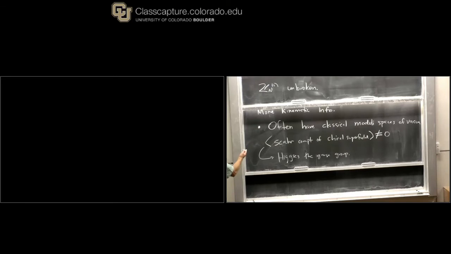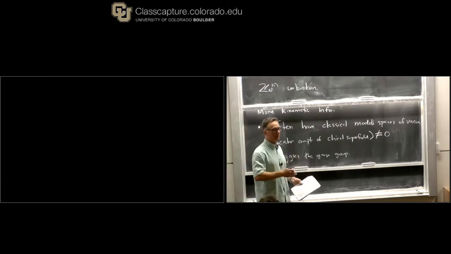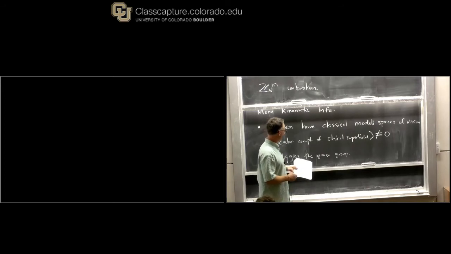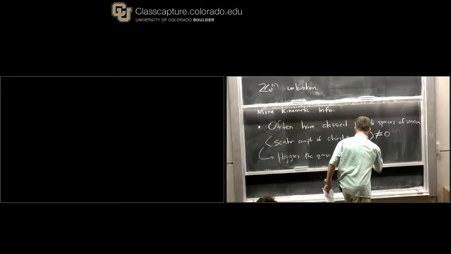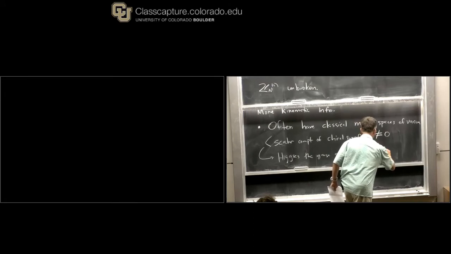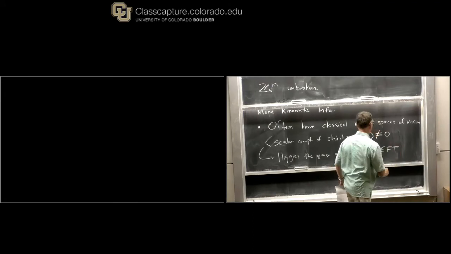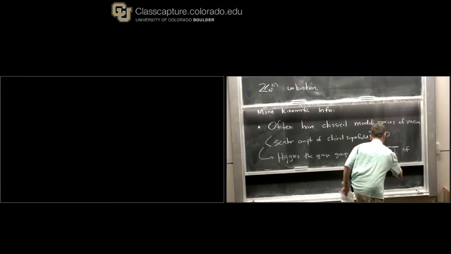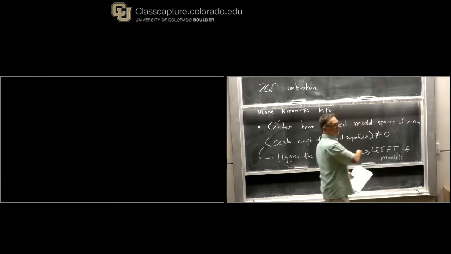A nice thing about this is that it tells us right away what some of the light fields are in the infrared theory. Because the fact that we have this moduli space of vacua means that at least classically we have massless fields. Those massless fields could be lifted by some quantum effects, and that's something that we could try to study. But basically we know that there's a low energy effective field theory of these moduli, and we can identify what those moduli are.